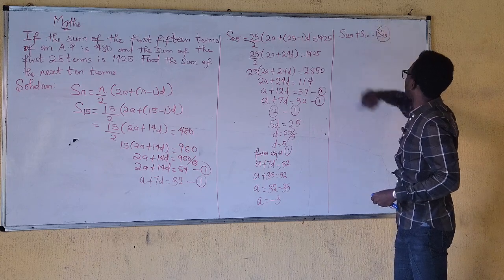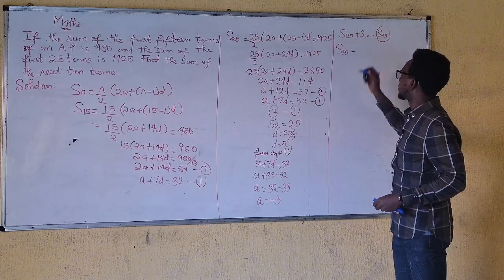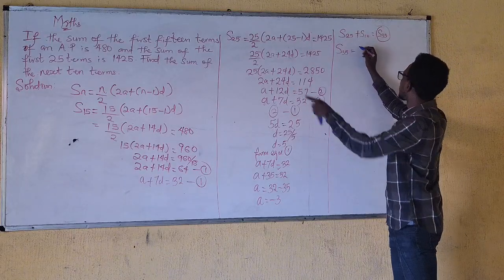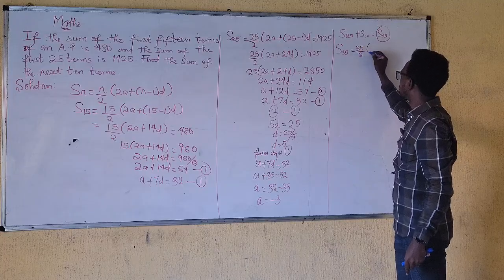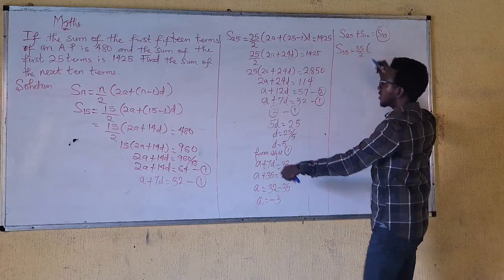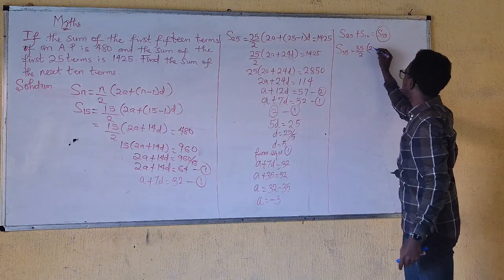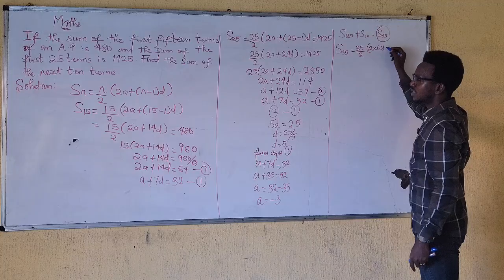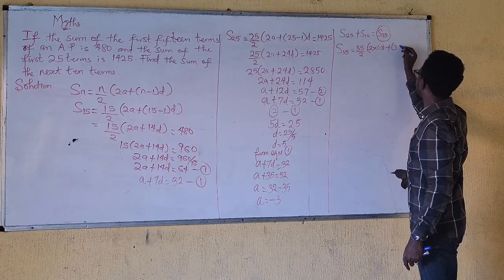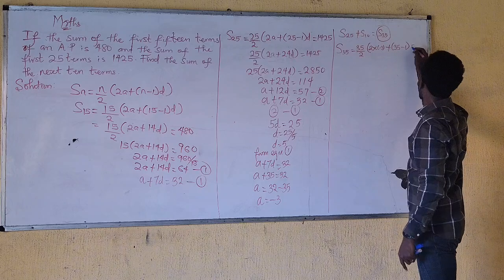So S35 easily is going to be equal to, using the formula, 35 over 2 bracket, 2 times minus 3 plus 35 minus 1, our d is 5.